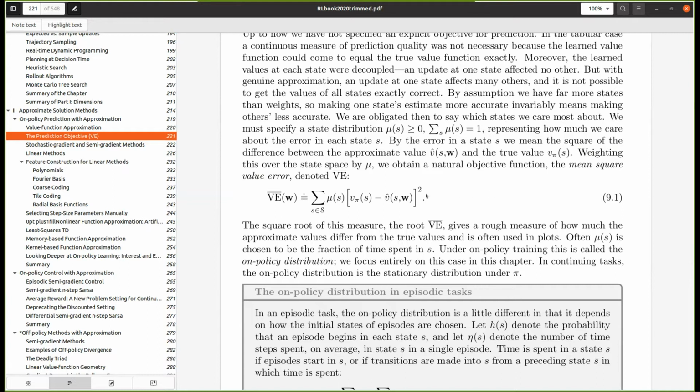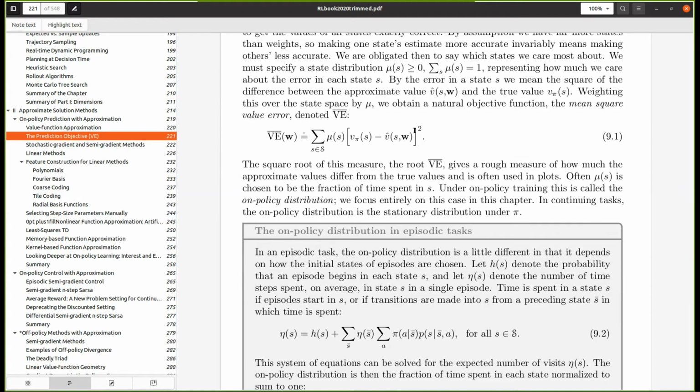Okay, so to summarize, in this formula you see that our total objective is a weighted sum over all states of squared differences between the true value function and the approximate one. If you think about it, we just try to learn some value function. So this is almost a regular weighted regression objective, right?